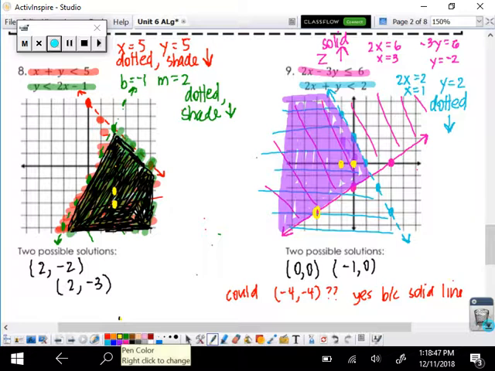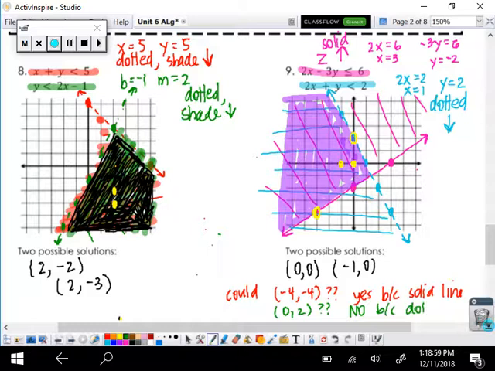What about the point 0, 2? That would be no, because of dotted line. Okay, so always make sure you're choosing points that are in the correct area.